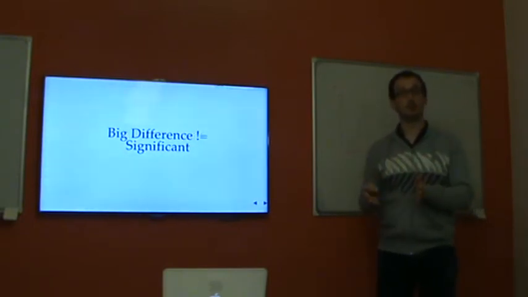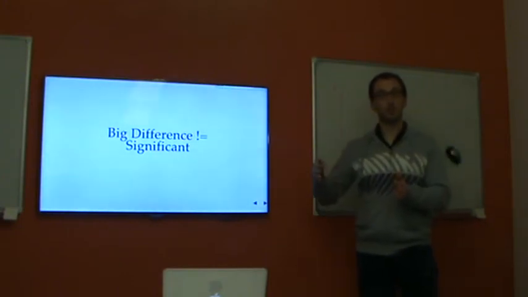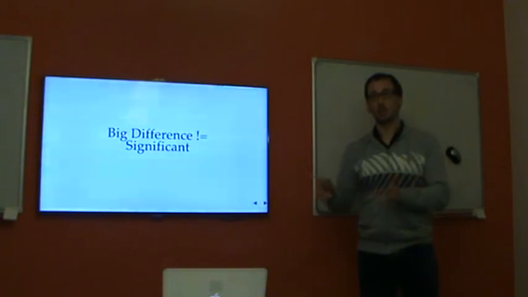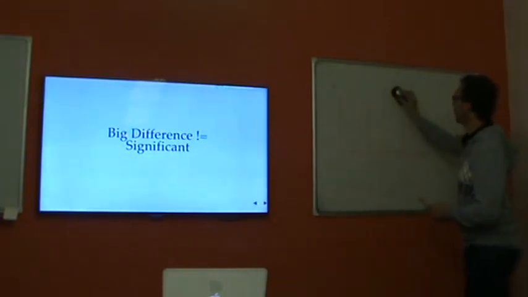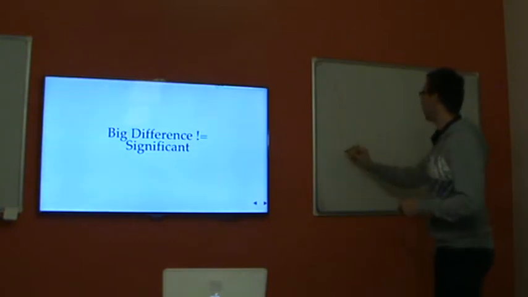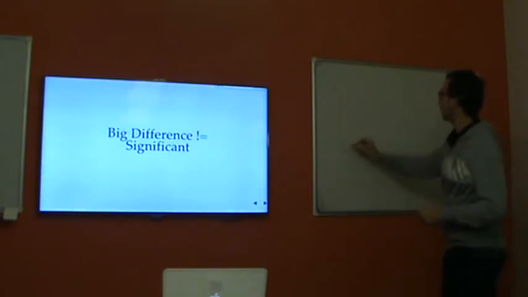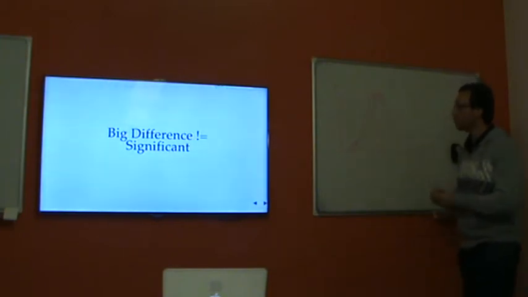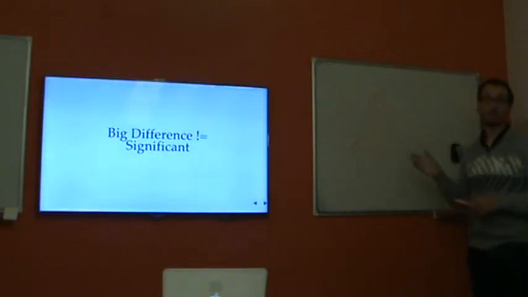And the other thing is that just because the difference is big doesn't necessarily mean it is significant. You could have a difference, but that doesn't mean that the implementation is always better. In the most trivial case, indeed, your average is different, but your distributions are quite the same.